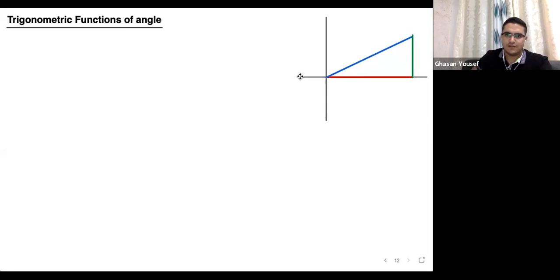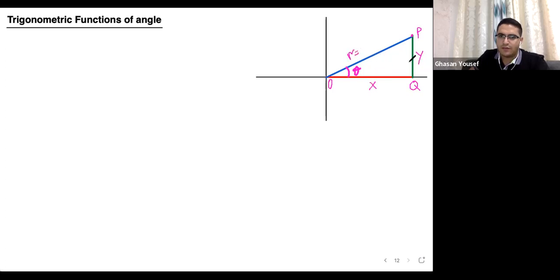And I have also another thing. My angle is here. This is my angle, theta. First of all, I have a right triangle. The points are named O, Q, and this point here is called P. This side is called X, this side is called Y, and this is my R.